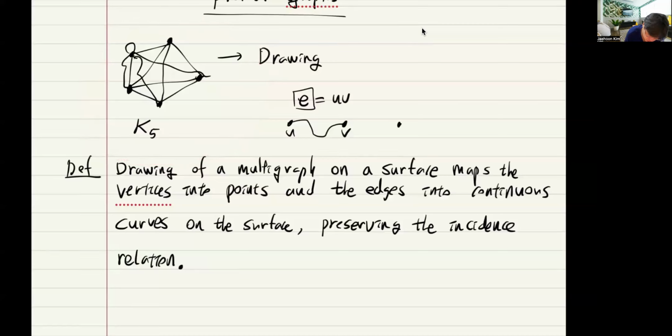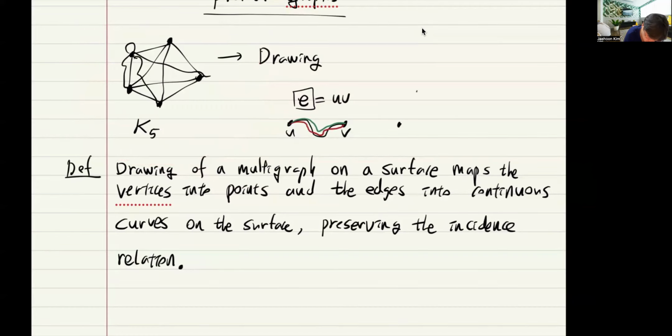So for us, if we draw this edge between these two vertices in this way, or in this way, or in this way, it makes very little difference.